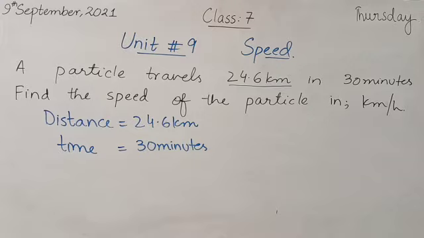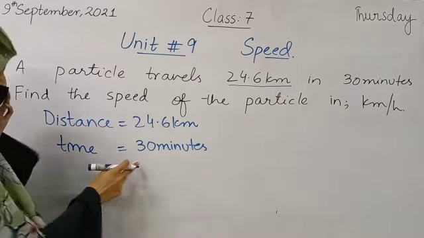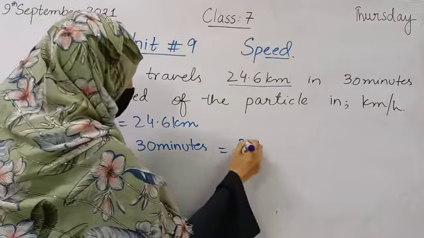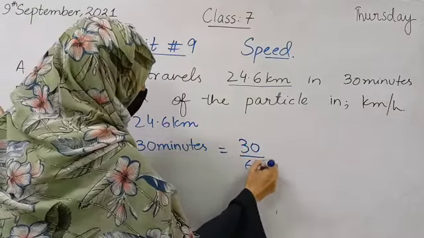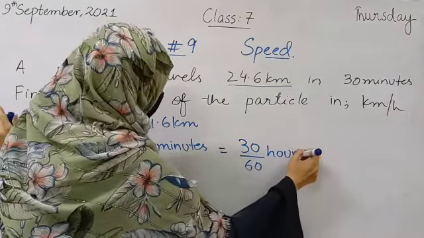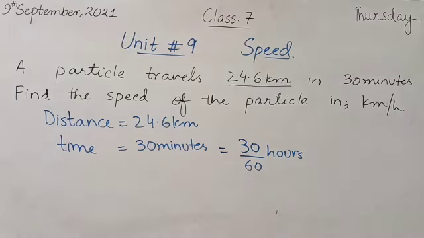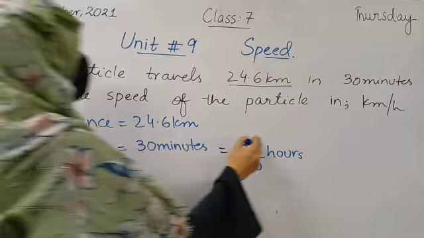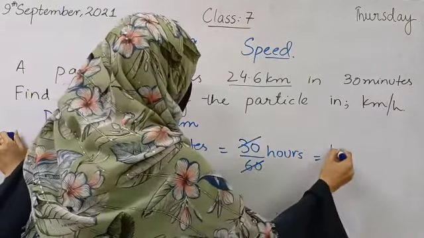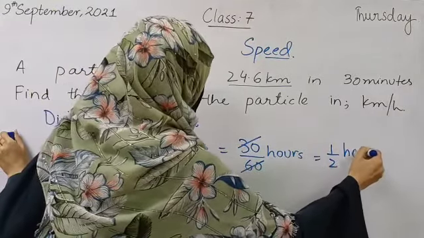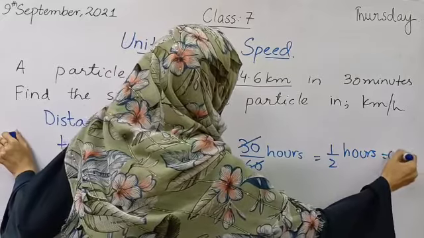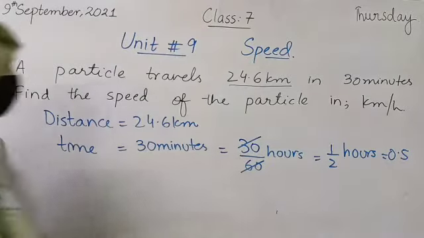You will divide minutes by 60. So, to convert these minutes into hours, we will divide by 60. Now, this is in hours. After simplification, 30 over 60 means 1 by 2 hour, which is equal to 0.5 hours.